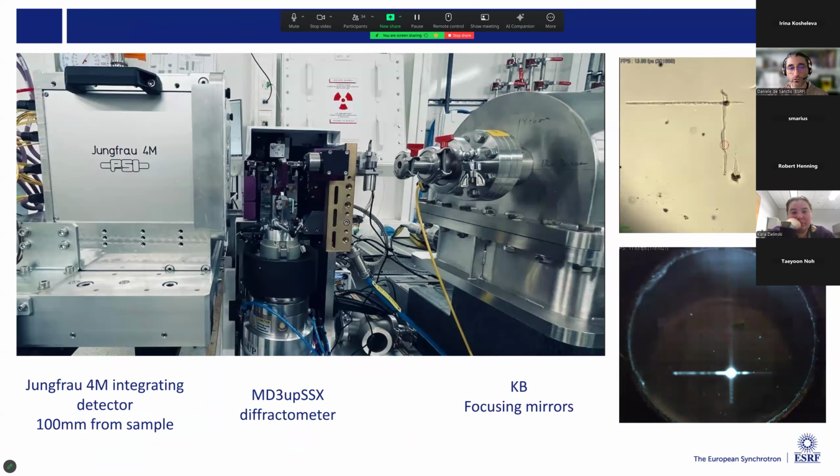So this is a close-up of the experimental setup. Here you have the vessel with the KB mirror. It's a KB system with mirrors with fixed curvature that is focusing down the beam to slightly more than 2 micron.